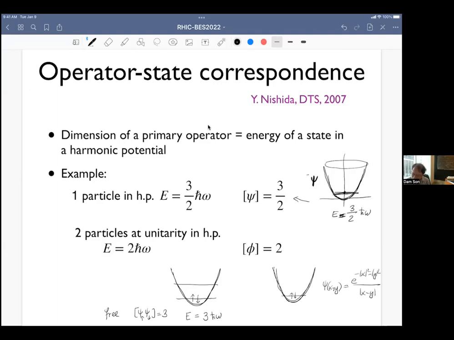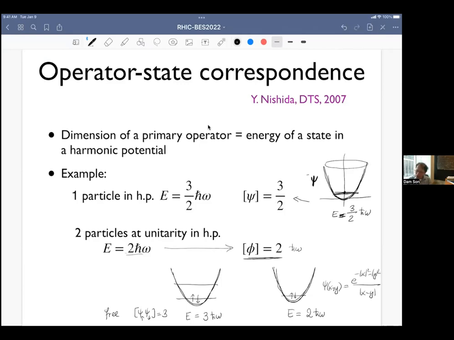The energy of this state is equal to 2 times h bar omega. So for unitary fermions, the ground state energy of two particles in a harmonic potential is 2 in units of h bar omega, and this corresponds to the dimension of the operator being equal to 2.